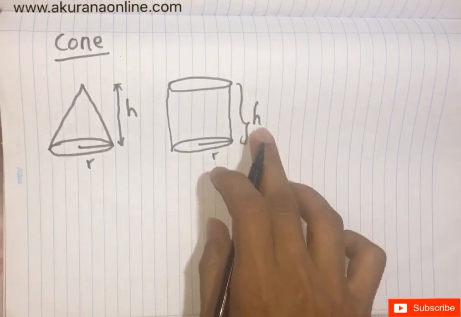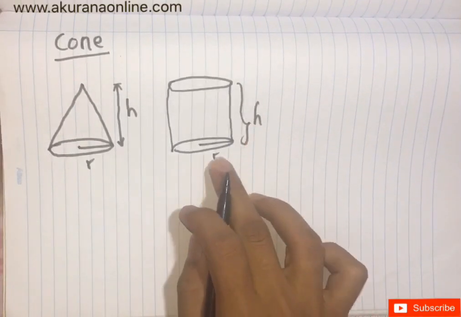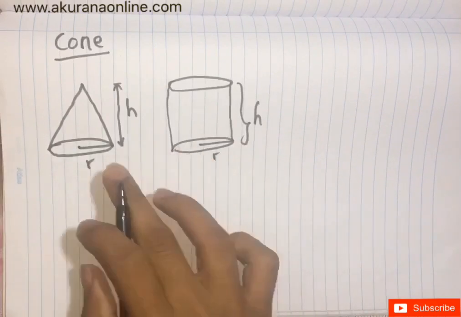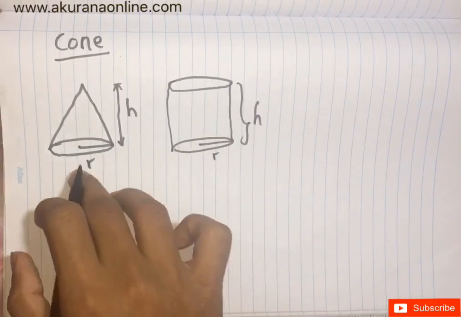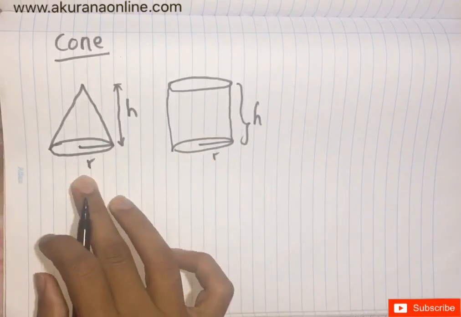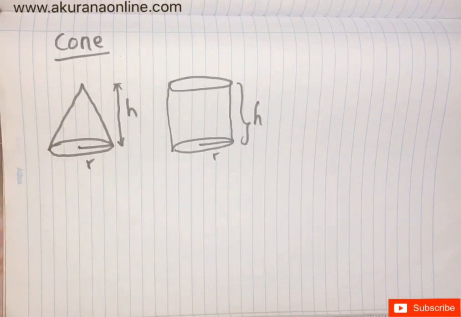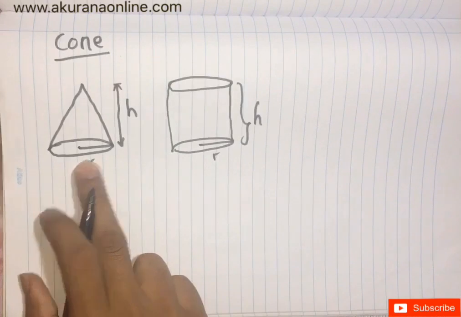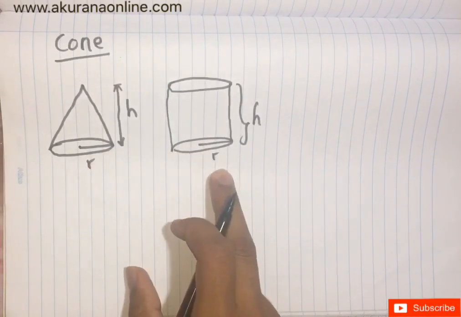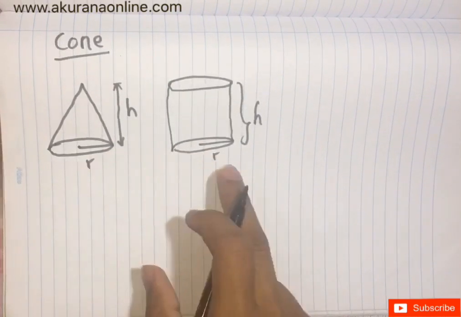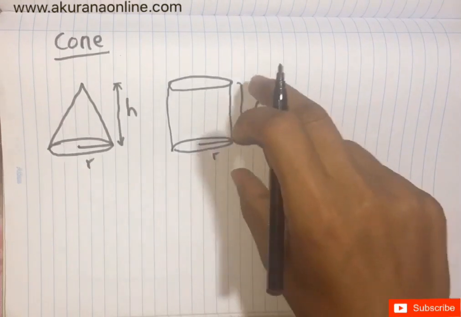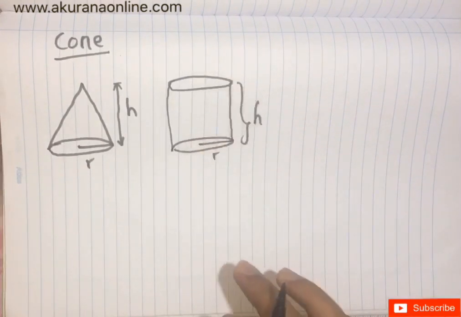Now already you know how to find the volume of a cylinder. Therefore there is a relationship. If you solve that, you can find the volume of the cone. Okay, the relationship is, if you multiply the volume of the cone by 3, you will be getting the volume of a cylinder. But the radius should be the same, and also the total height should be the same.